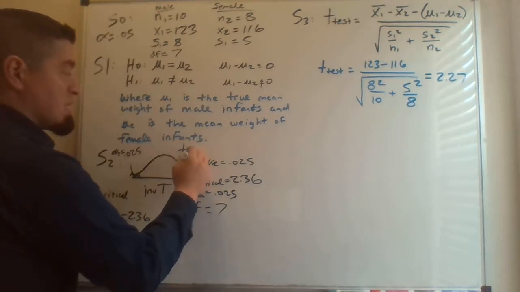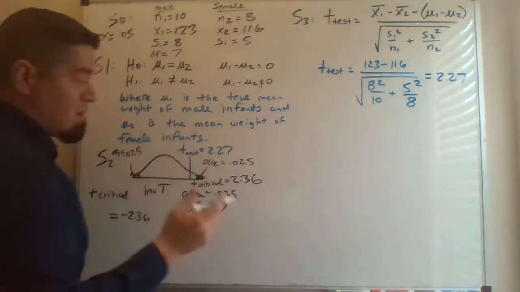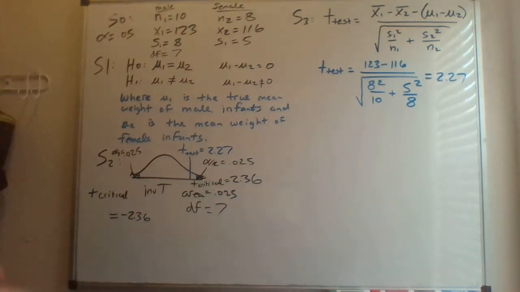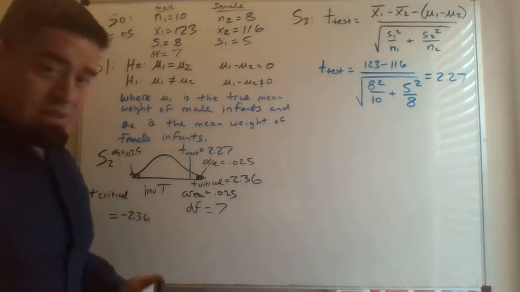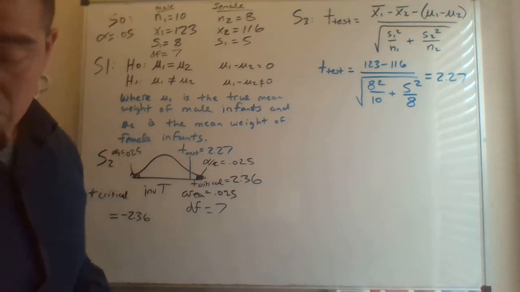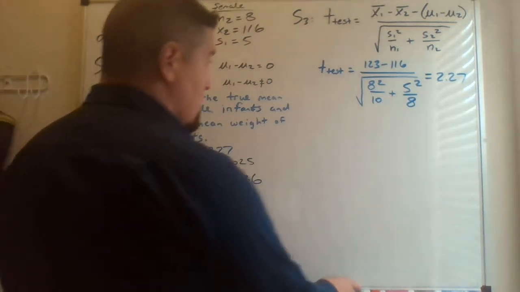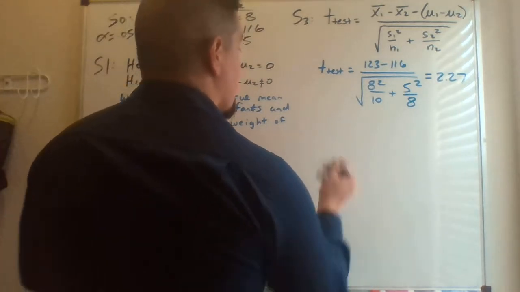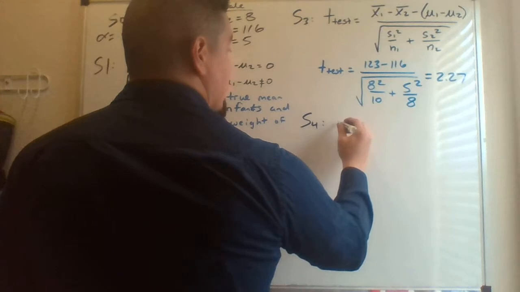So our t test will fall inside of that, meaning what is the decision? Do we reject or do we fail to reject the null hypothesis based off the critical value method? Well, the decision would be we fail to reject since it's in the non-critical region. So step 4, make our decision on H naught.